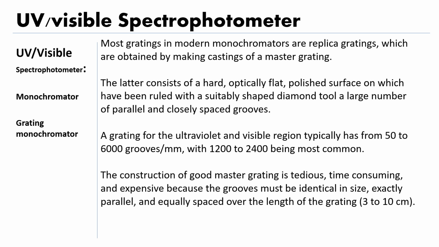A grating for the ultraviolet and visible region typically has 50 to 6,000 grooves per mm. So how many grooves are present in 1 mm? In 1 mm there are 50 to 6,000 grooves.